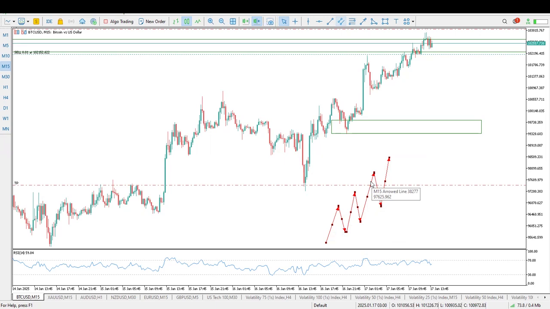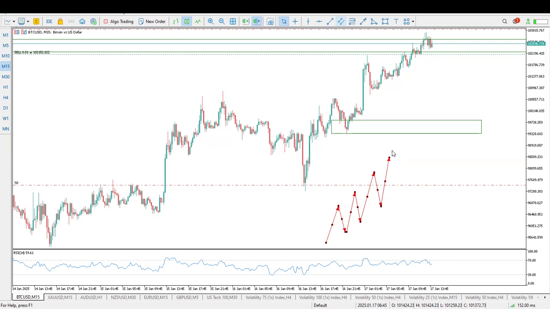That means this is an uptrend market. As the market is forming higher high, higher low, higher high, higher low, higher high, higher low, higher high, it is an uptrend market. Remember, I told you that an uptrend market forms series of higher high and higher low.